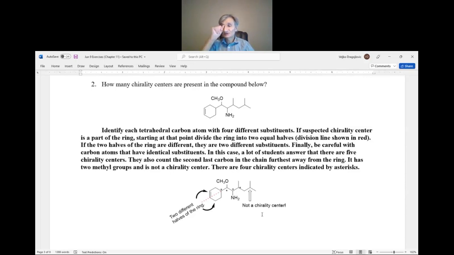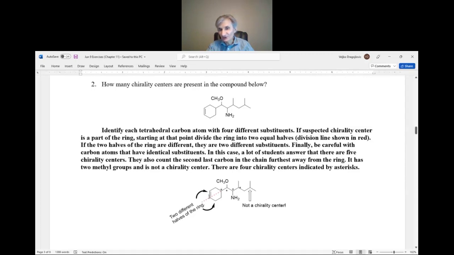To figure that out, you start at the suspected chirality center and draw a line to cut the ring exactly into 2 equal halves. So with this carbon that we indicated with an asterisk, you cut exactly in 2 halves.